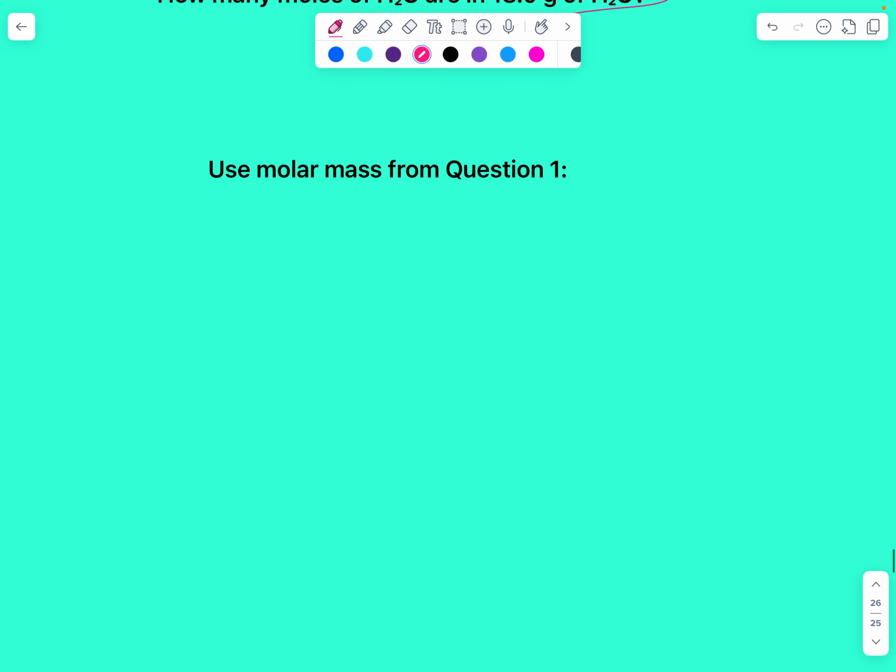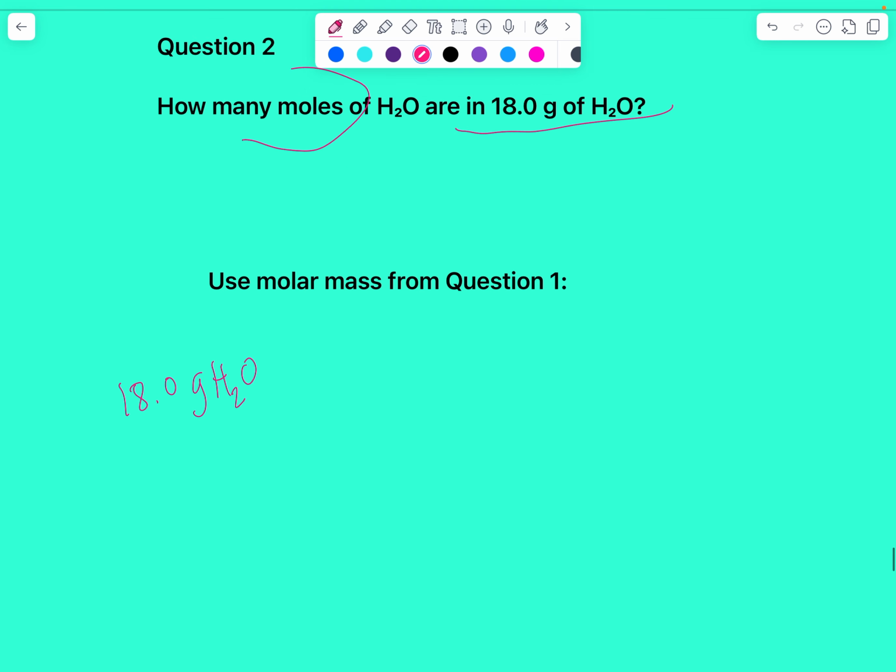So we're going to say 18.0 grams of H2O. We're trying to get to moles of H2O. In order to do that, I need to get rid of grams of H2O. It cancels out. You must cancel out your units.